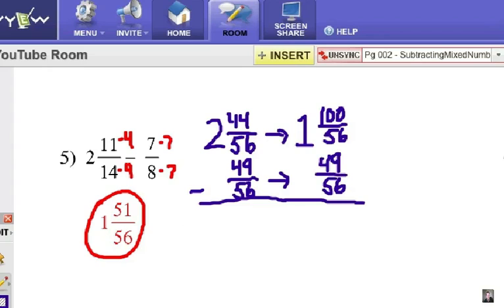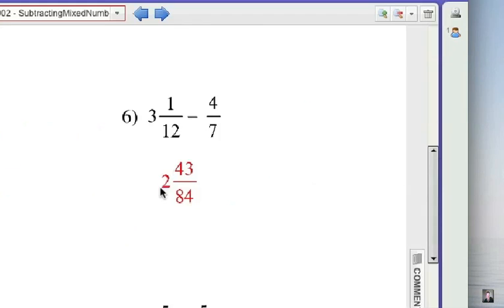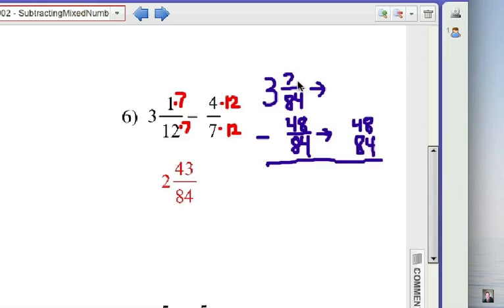All right, number 6. Here's the answer, 2 and 43/84. Here are the steps. For a 12 and a 7 denominator, we're going to use 84 as my common denominator. So in the first fraction, we multiply top and bottom by 7s. In the second fraction, we multiply top and bottoms by 12s. So we're going to have to borrow now.